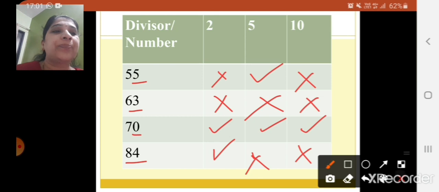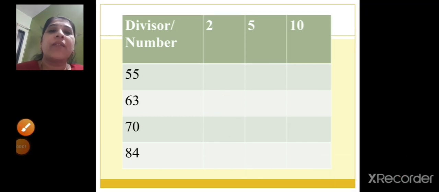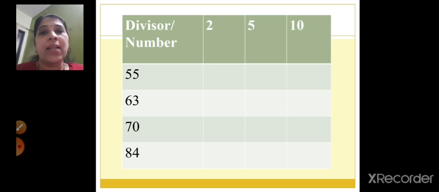Right children? So I hope students you have understood the test for divisibility by 2, by 5 and by 10. And also you have understood what are multiples. So multiples are nothing but they are the tables, right? For example, you can take 3's table, 3, 6, 9, 12. So like this you will be writing the table of 3, right?